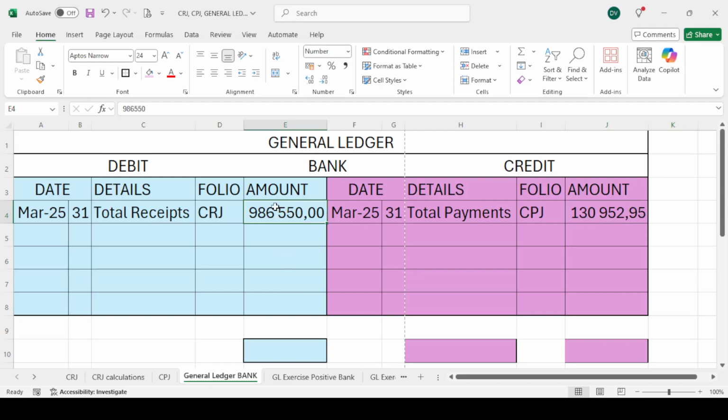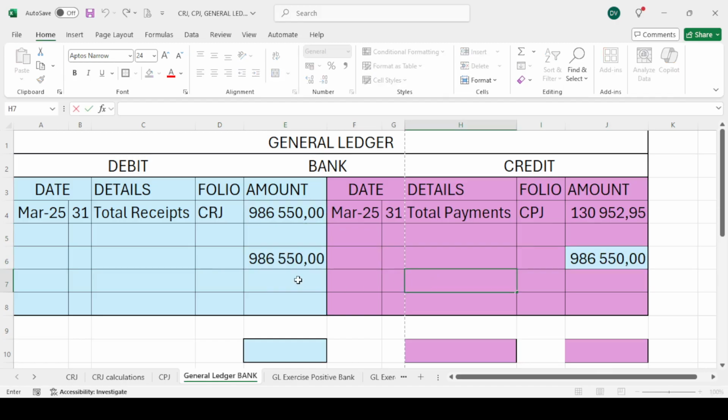Obviously 986,550 is way bigger than 130,000. You then take that value and you copy it on both sides. So you're going to leave one line open and you're going to copy that value on your debit and your credit side.